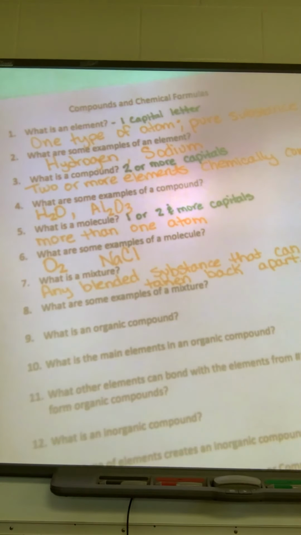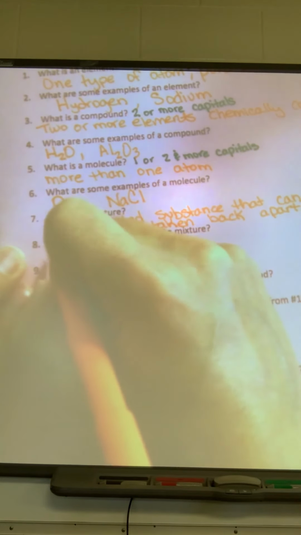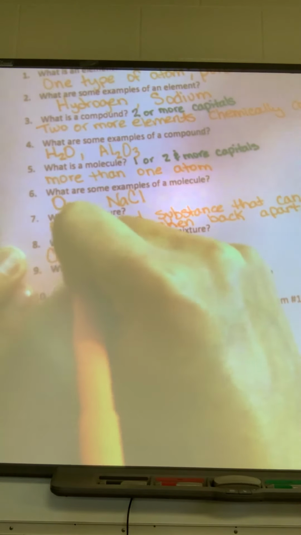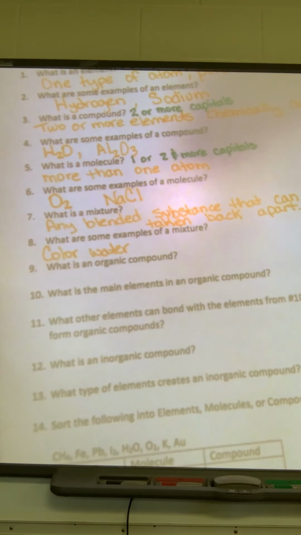Okay, so what we like to say is that water and food coloring, sweet tea, things like that, can be taken back apart. When I color water, my water can evaporate and come out of it, and my food coloring will be left at the bottom.